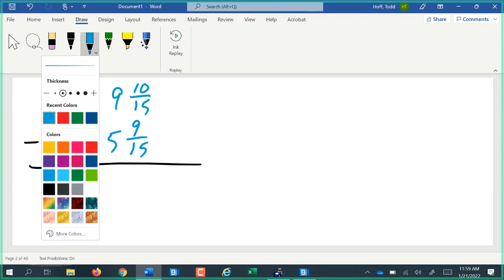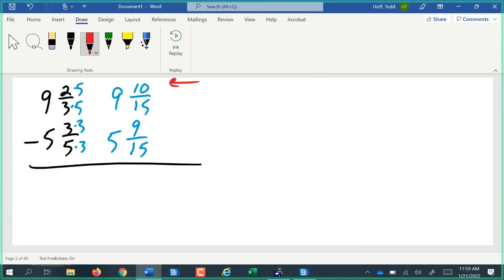Just like with addition and just like with whole numbers, we start at the end and we work our way backwards. So we start with the fraction, which is our last digit first. 10/15 minus 9/15. 10 minus 9 is 1. We keep the 15ths. And 9 minus 5 is 4.